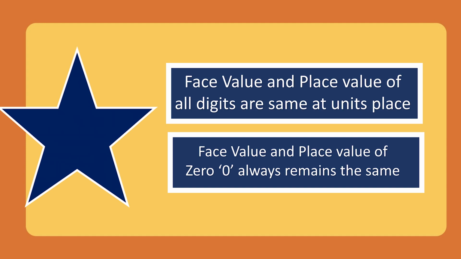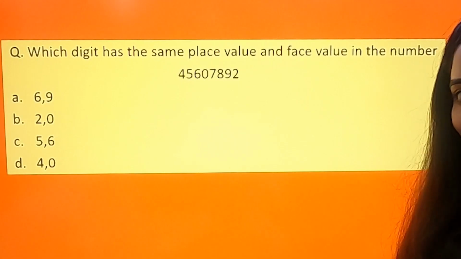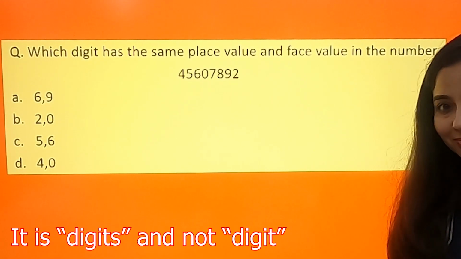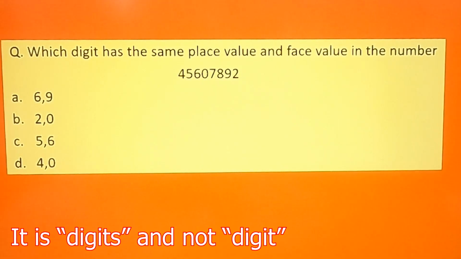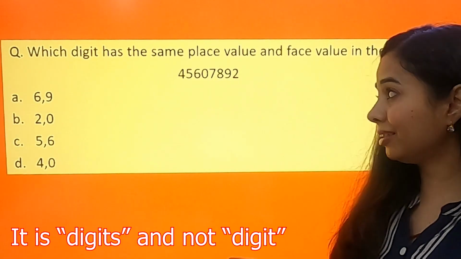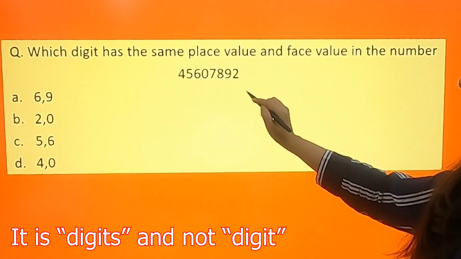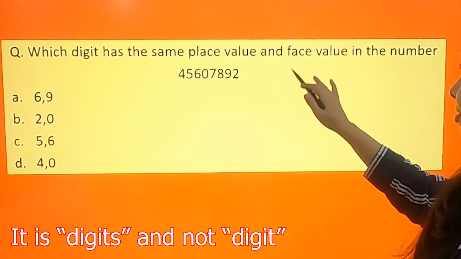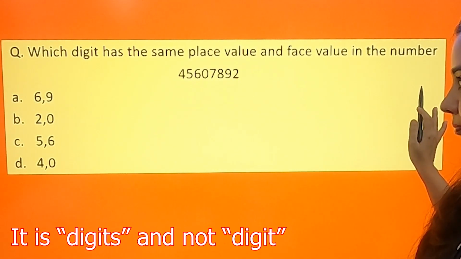If that was clear, I'm sure you'll be able to solve this. Just pause the video, okay, and try to solve it on your own. Have you tried? So let's do it together. Let's check it once again. Which digit has the same place value and face value in the number?